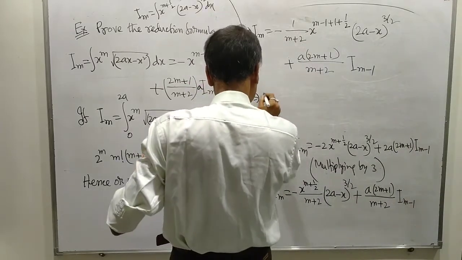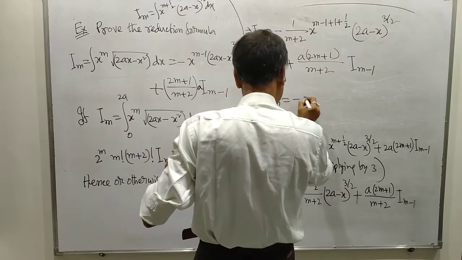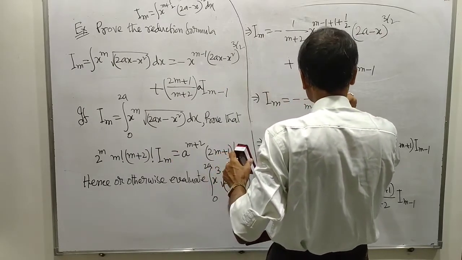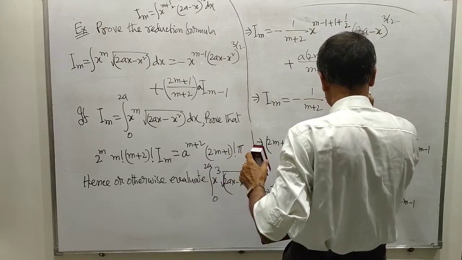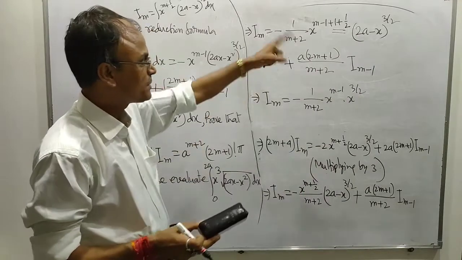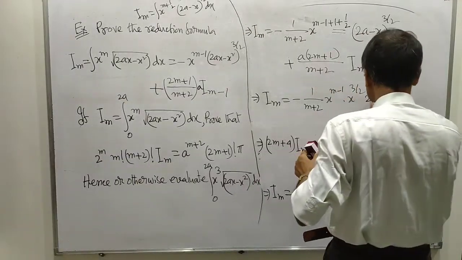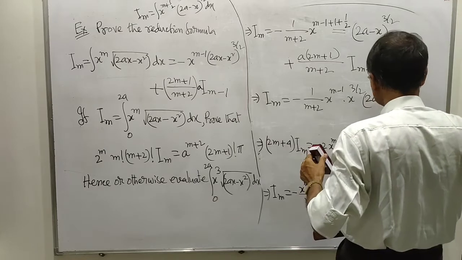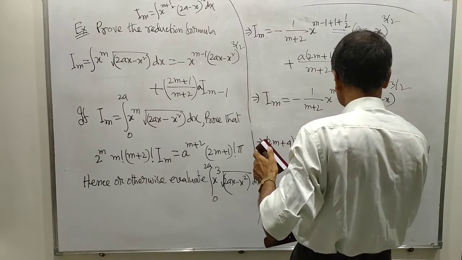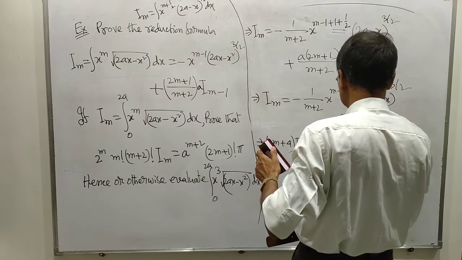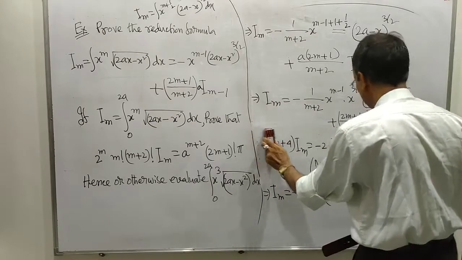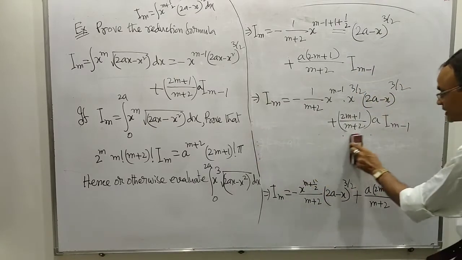This means you may write I_m equal to minus 1 by m plus 2 times x to the power m minus 1 into x to the power 3 by 2. 1 plus half is equal to 3 by 2, into (2a minus x) whole to the power 3 by 2, plus (2m plus 1) divided by m plus 2 into a I_(m minus 1).